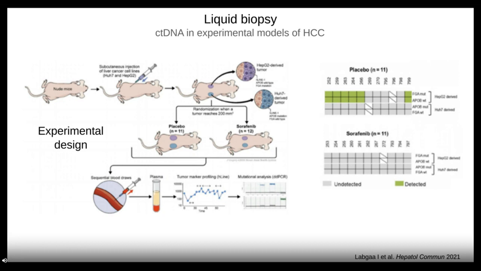This at the time was the drug that was more readily used for patients with HCC, and you can analyze the blood of these mice and detect mutations. In our case, we use digital PCR, and it's an easy, feasible tool to study clonal dynamics and how a liquid biopsy, in this case ctDNA, can help us trace clonal composition over time, in this case when animals are exposed to different therapies.